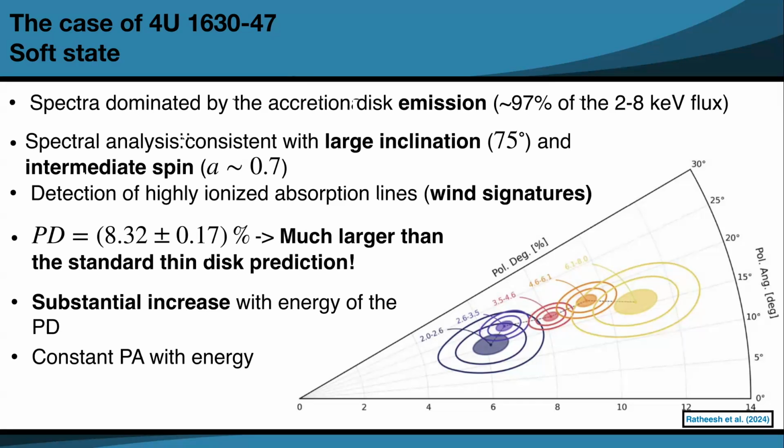It's just an often-asked question: how to reconcile what people from timing say and what people from spectroscopy and polarimetry say, given the fact that the internal part of the disk may wobble. How can this picture of black holes, in which the internal part can wobble, be reconciled with these results from spectroscopy?